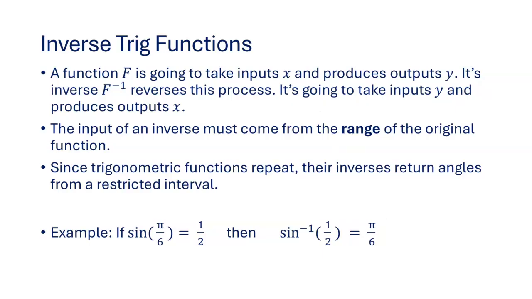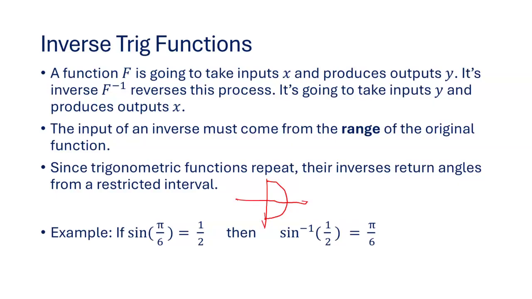Since trigonometric functions repeat, their inverse return angles come from a restricted interval, such that when we're talking about sine, we denote the inverse of sine to always be between negative pi halves and pi halves.